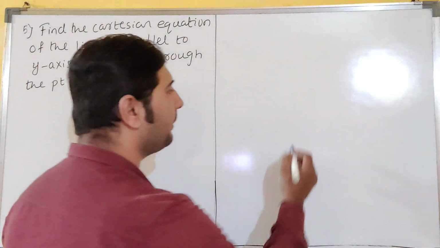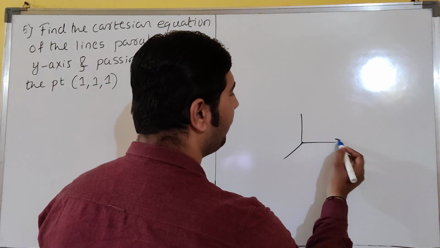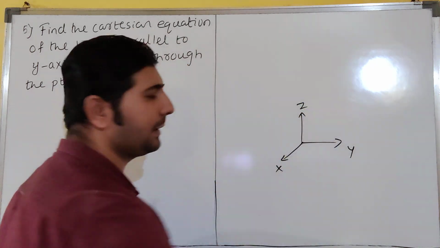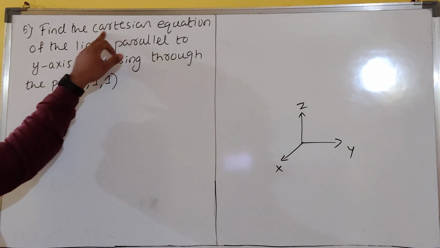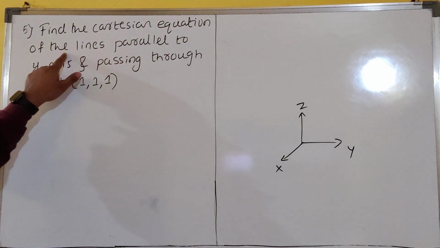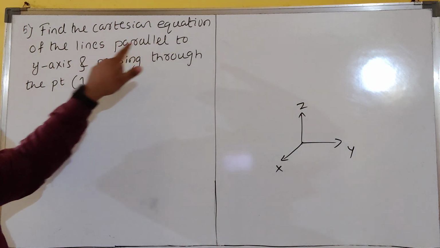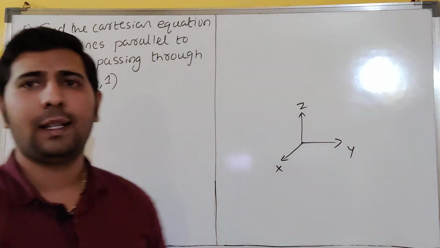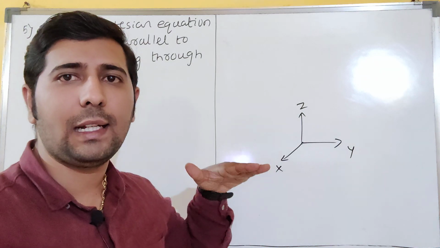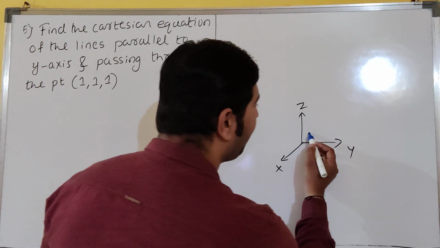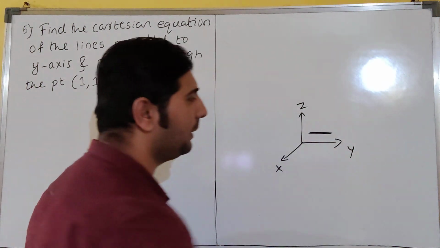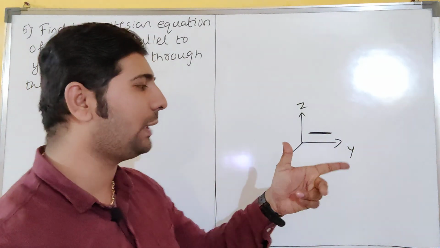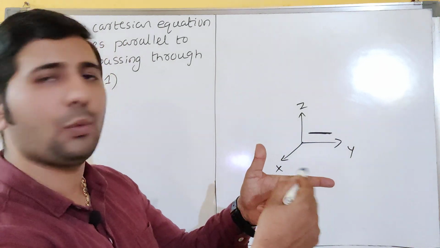So any line, see here, in 3D, this is x-axis, this is y-axis, this is z-axis. I have to find the Cartesian equation. The line is parallel to what? Y-axis. If it is parallel to y-axis, then how much angle is it making?